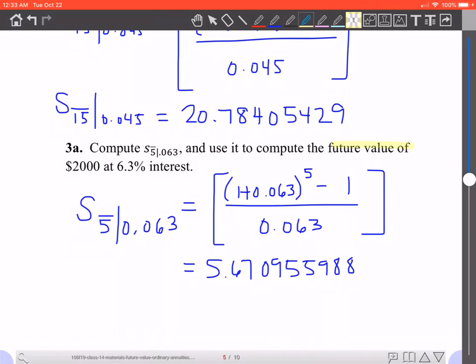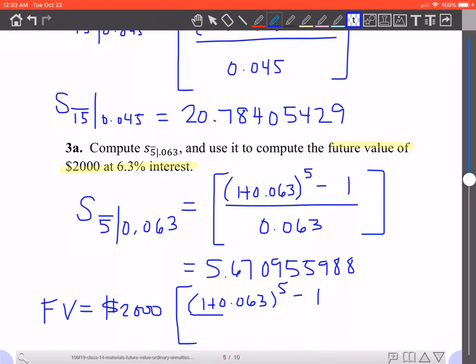Remember, this was the first example we talked about at the beginning of these notes. So now the future value of $2,000 growing at 6.3%, 5 years. Let's see if we get the same number we got when we computed this earlier. Does anybody remember what we got?